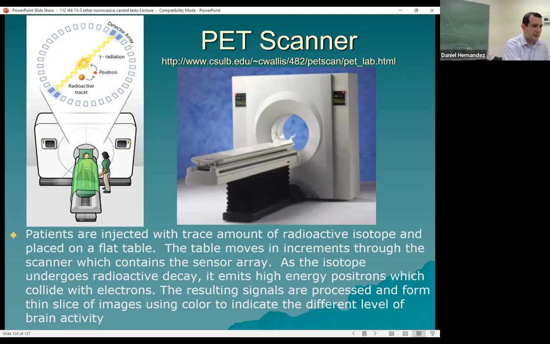The table moves in increments through the scanner and contains a sensor array. As the isotope undergoes radioactive decay, it emits a high energy positron, which collides with electrons. The resulting signals are processed and form a thin slice image using color to indicate different levels of brain activity.